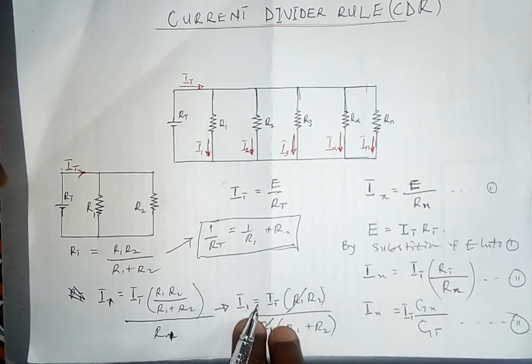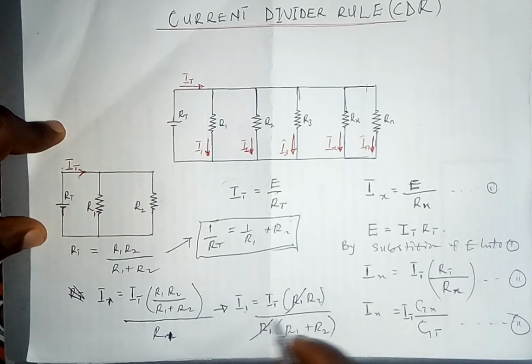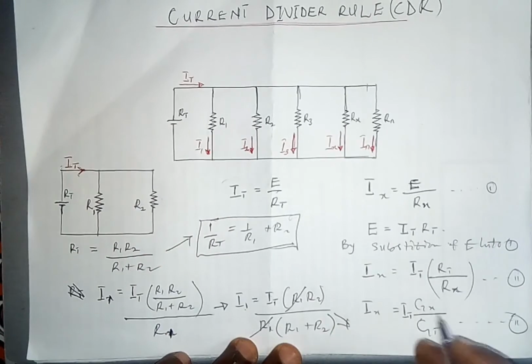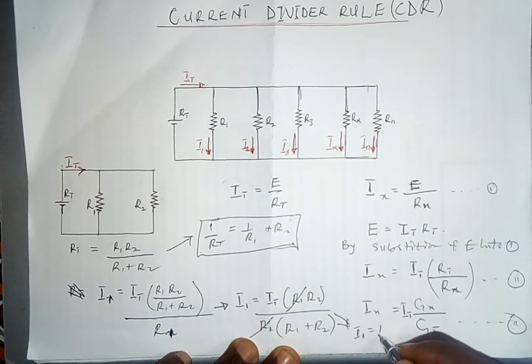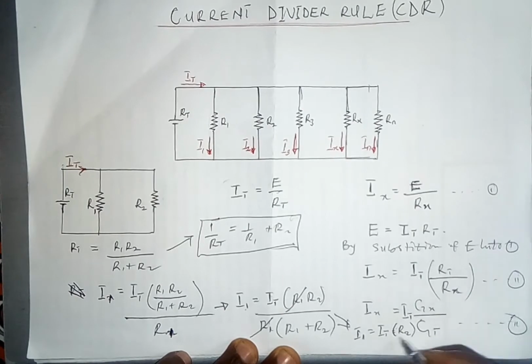Finally, we can say that I1 is equal to the total current IT multiplied by R2 over R1 plus R2.